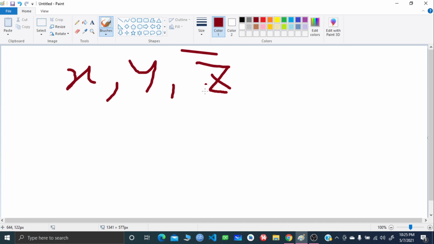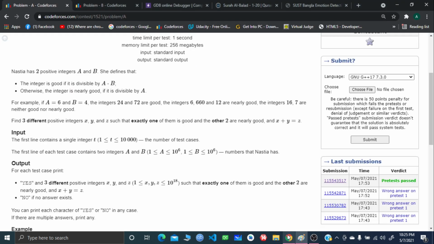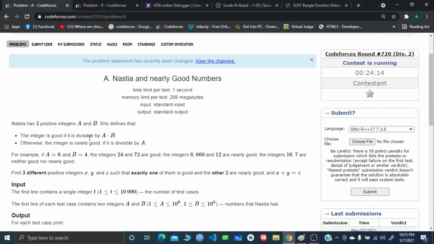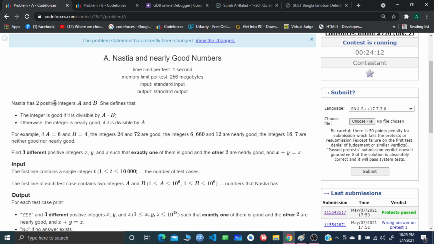And now what is the condition for z? z's condition is that it should be divisible by a times b. If I refer to a times b as a number, z should be divisible by that number. And for the other two values, x and y, they have to be divisible only by a, not divisible by a times b.